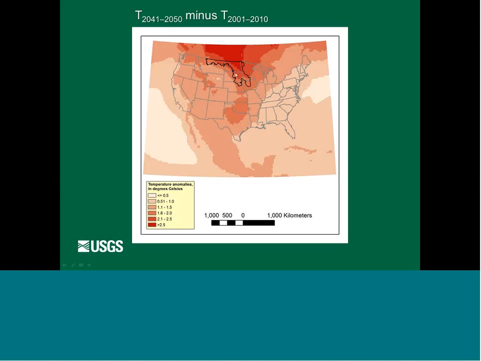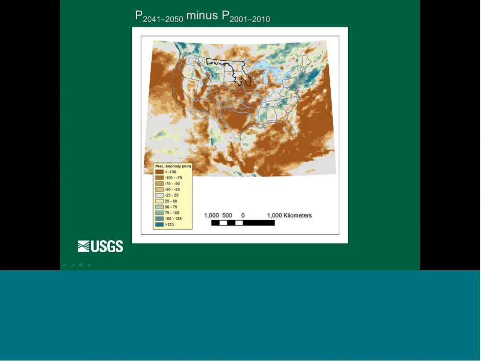And this is the boundary of the prairie pothole region within the United States. So that's where this model is projecting an awful lot of warmth. If you look at precipitation, you can see that the browns are drying. We got a lot of brown drying along the west coast into this Colorado River watershed area and down in Texas and so on.